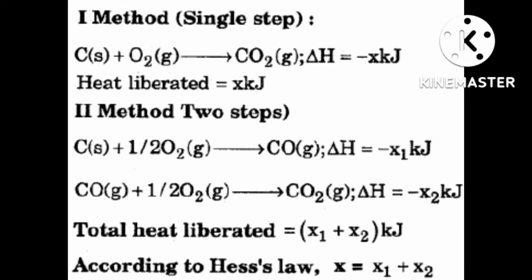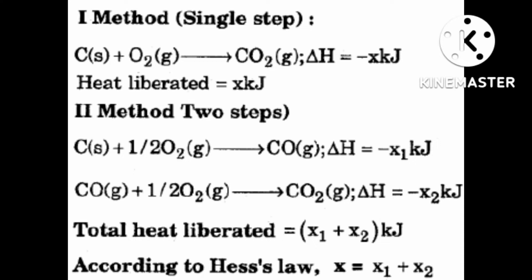See how much heat it is producing, 1 mole of butane produces 2658 kilojoule of heat. It is too much.